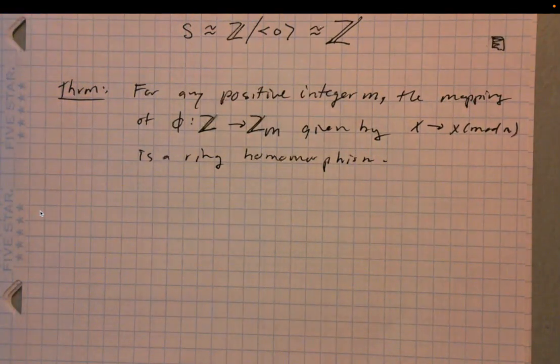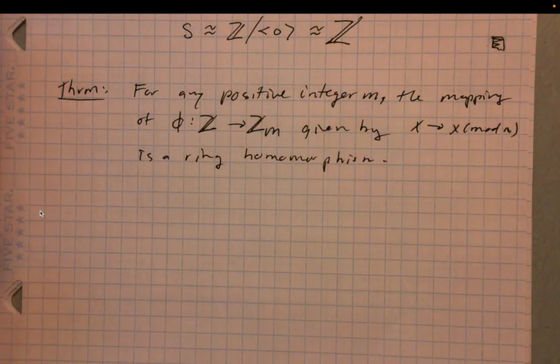All right, so this is just a very easy mapping that we can always use whenever we want to generate a homomorphism from the integers to the integers mod m, right? And it turns out that this is always a homomorphism. This follows directly from our previous theorem, right?